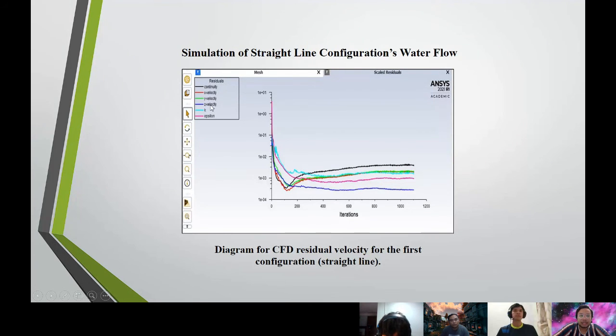But in z velocity, which is the direction the water flows out, at first the velocity decreases, and then after a while it stays constant.